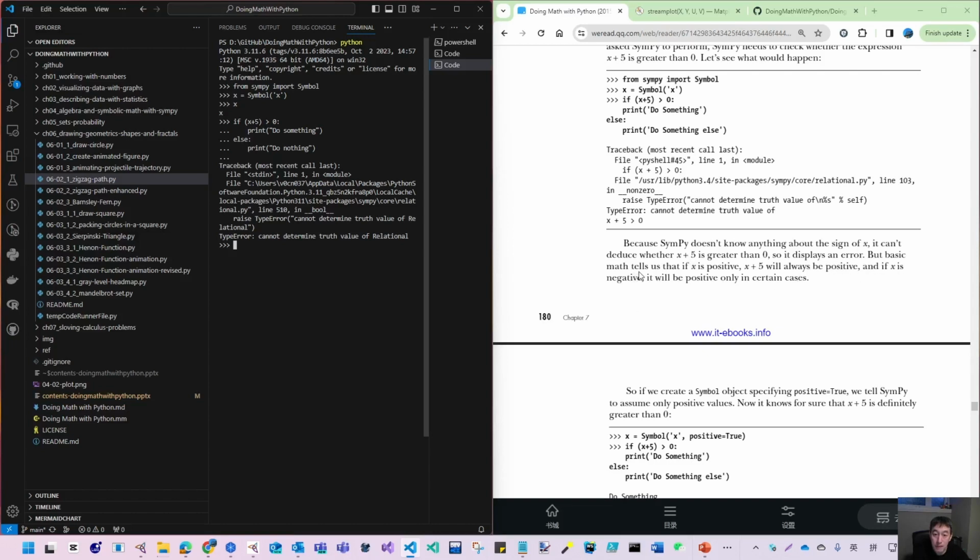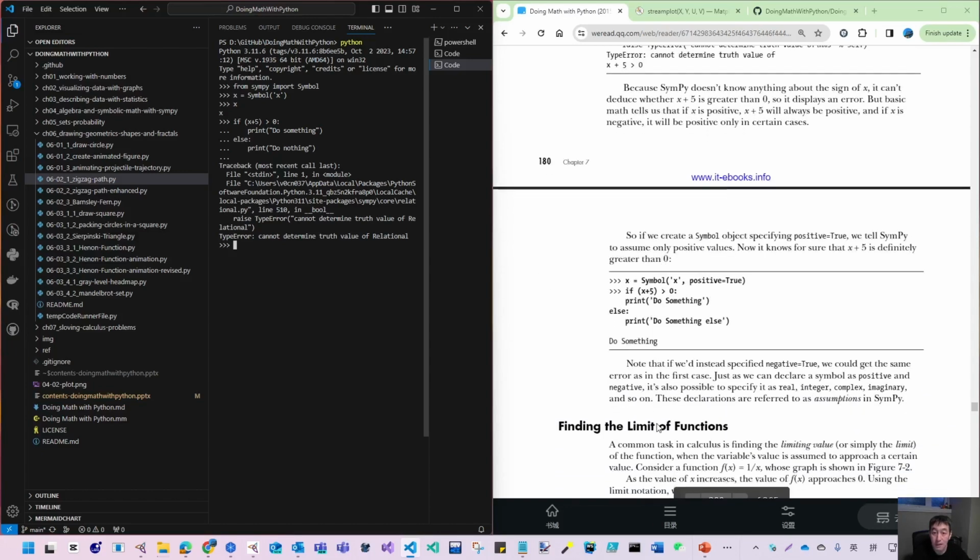But basic math tells us that if x is positive, x plus 5 will always be positive, and if x is negative, it will be positive only in certain cases. In certain cases means if x is larger than negative 5, x plus 5 will be more than 0. So that is the way we give this symbol some condition.